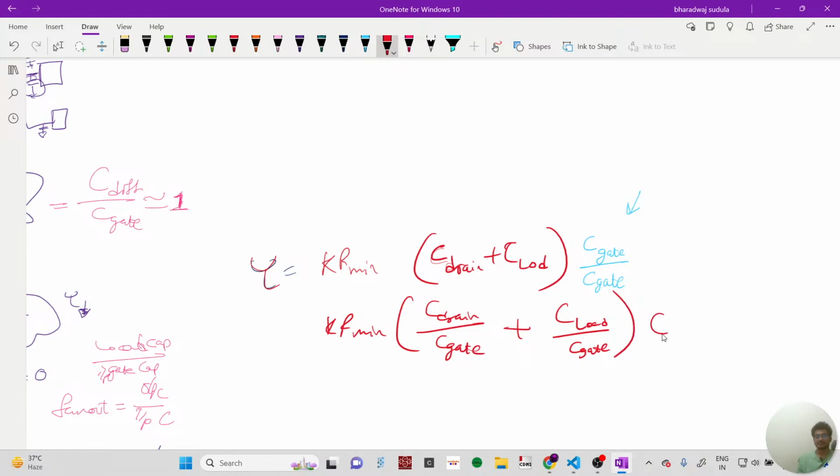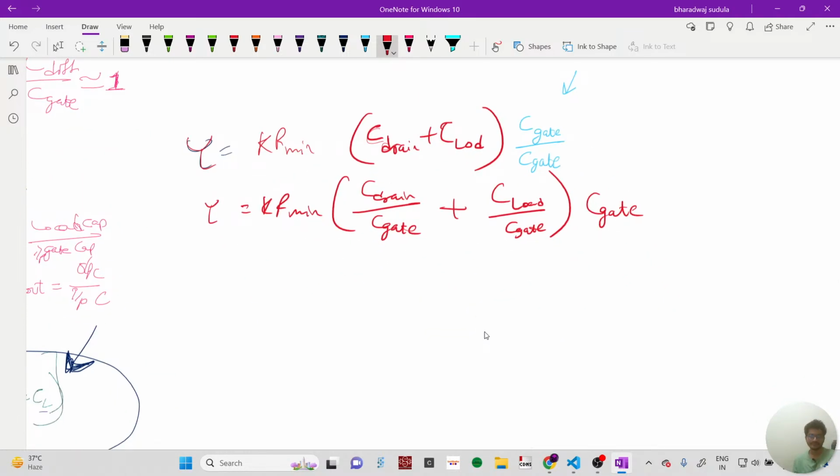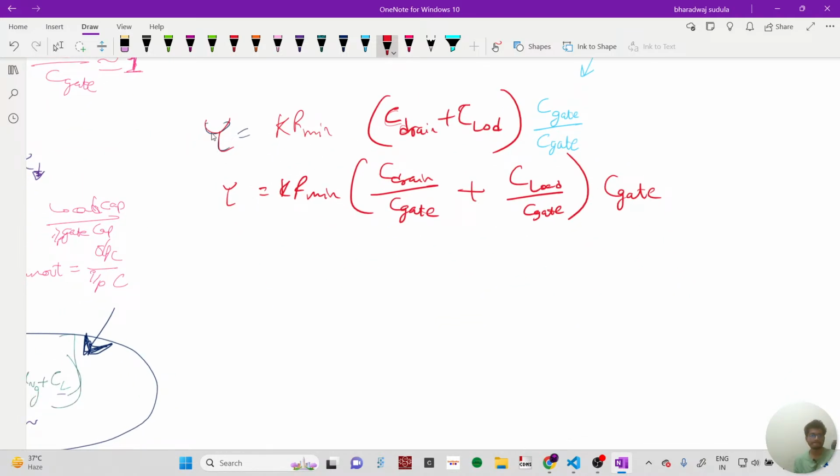On the outside I have the numerator here. If you recollect once again, this entire thing, C drain by C gate, is nothing but gamma, which is approximately equal to 1.